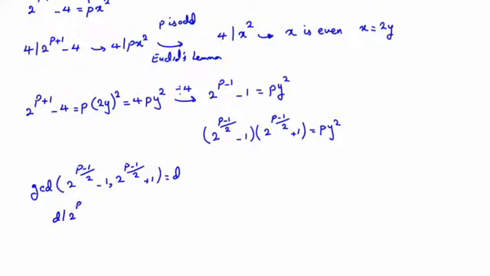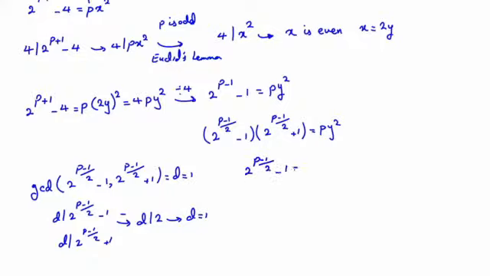Because d divides both, if we subtract, d divides 2. And because the two numbers are odd, because p is at least 7, even minus 1 is odd, even plus 1 is odd, d is odd, so d is 1. Okay, so they are relatively prime. And because of this, we have two cases.